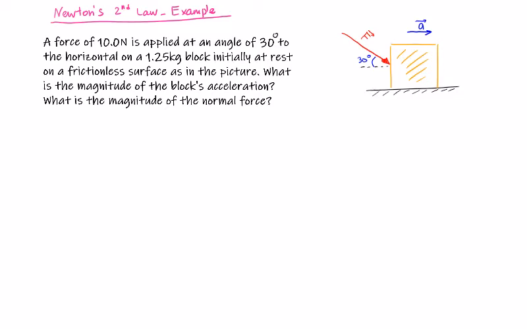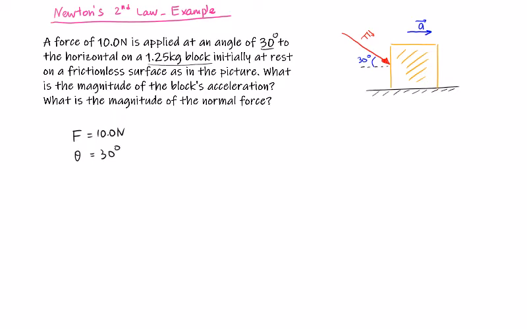As always, we're going to use the strategies that we use to solve a problem. First, we pull out the information that is given to us and identify what it is that we're looking for. So we have an applied force that equals 10 newtons, and we know that the angle it makes is 30 degrees, right here, with the horizontal.